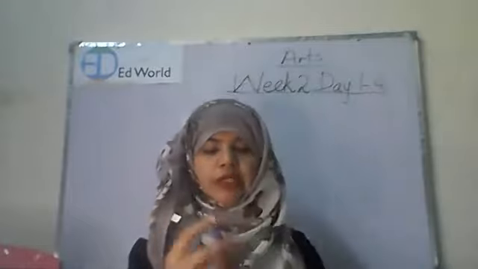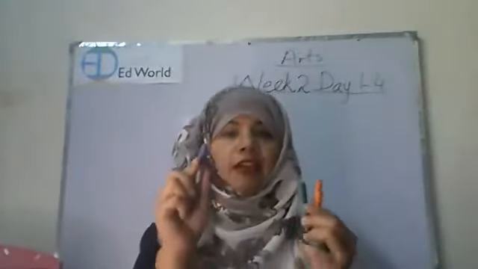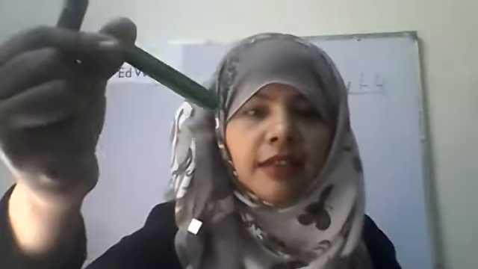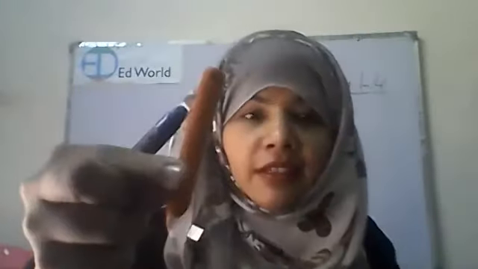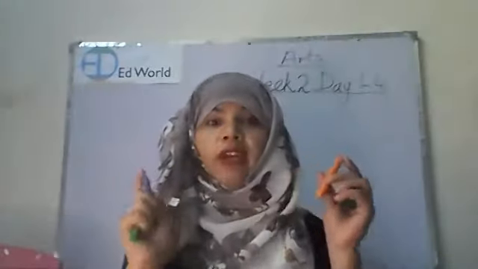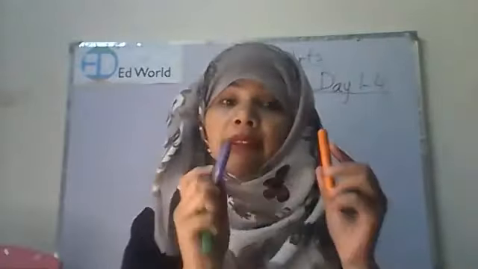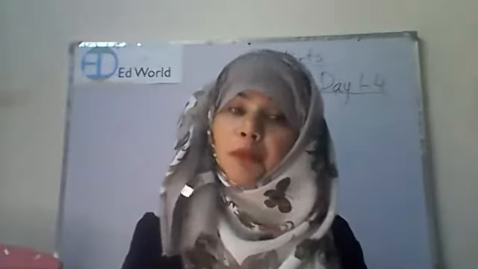See, it is a purple color. Then it is a green color, and the third one is an orange color. We have three basic colors that are called secondary colors. These colors can be made with a mixture of primary colors.